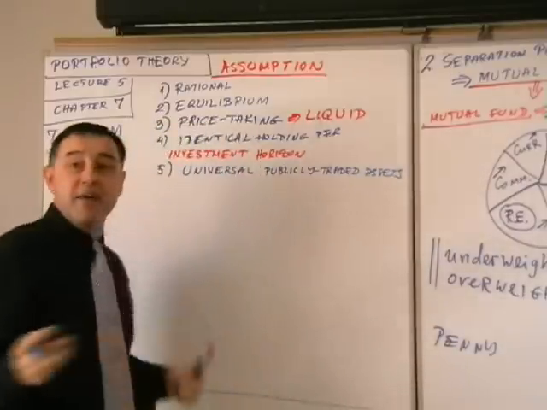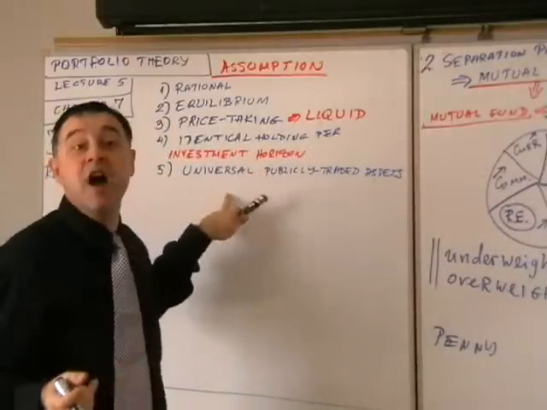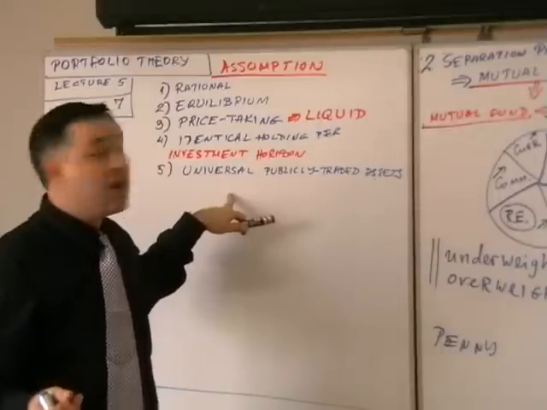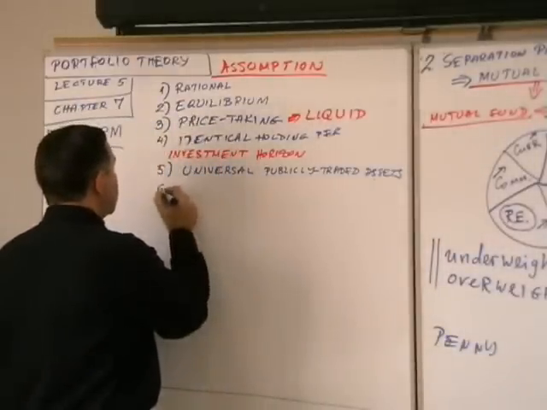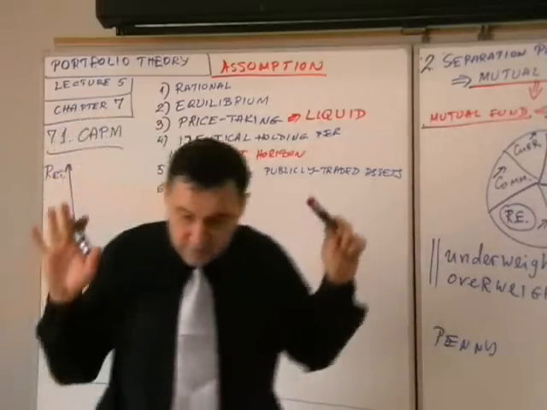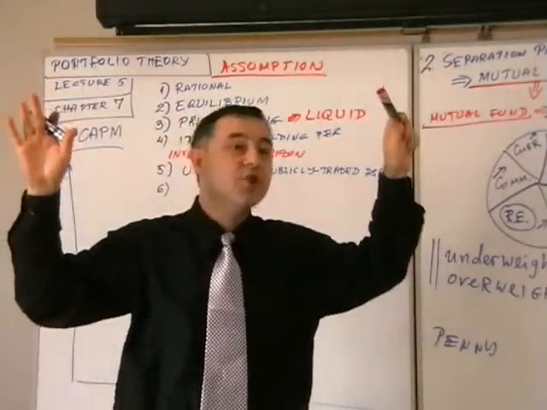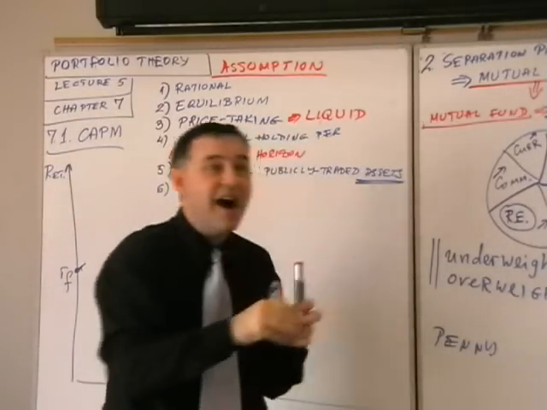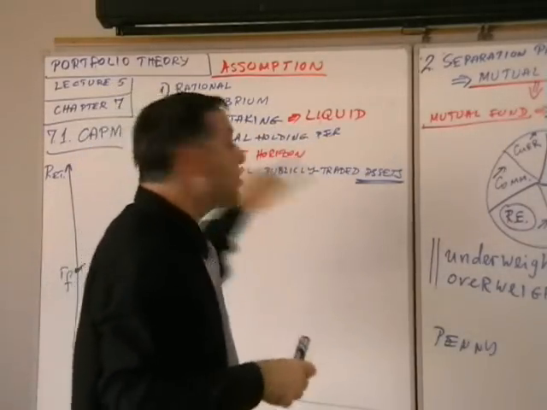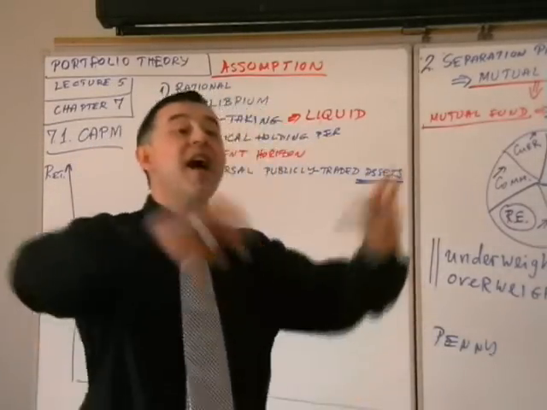Alright, so everyone's choosing the same universe of publicly traded assets. Stocks and bonds. This is the assumption. Nobody said stocks, we just said assets. Otherwise, we would have said stocks and bonds. Alright? We just said assets.